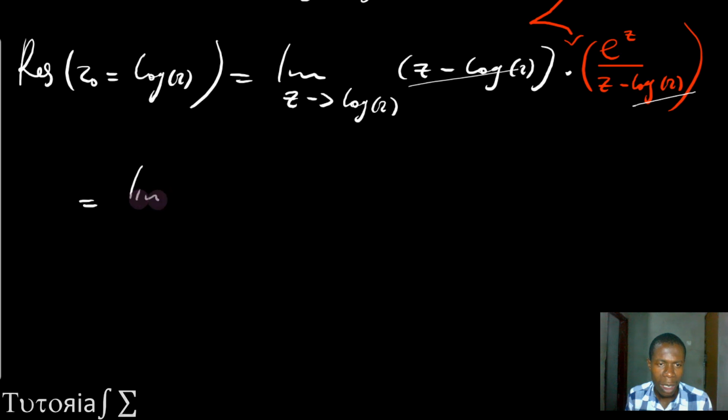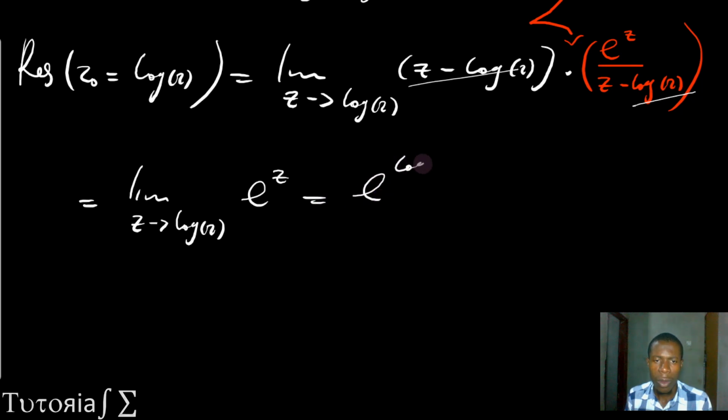So we just remember the limit of z approaching log of 2 of e to the power z. Then you can replace where there is z with, so this goes to e to the log of 2. Okay, and basically that is there.